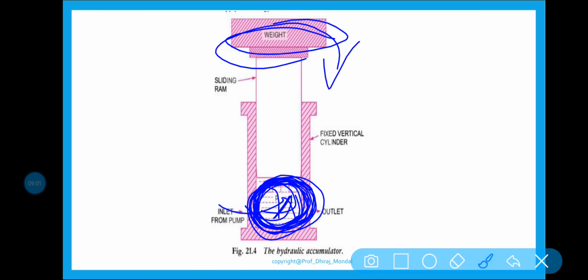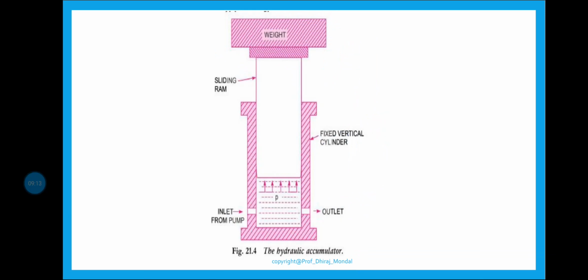Whenever you need to move downward, then with the help of this outlet or this control valve you can move downward. So this is basically used for heavy weight. When you want to lift heavy weight, at that time the hydraulic accumulator is taken into consideration.